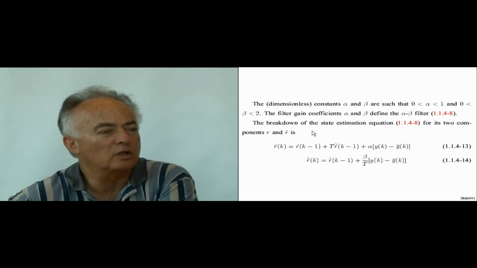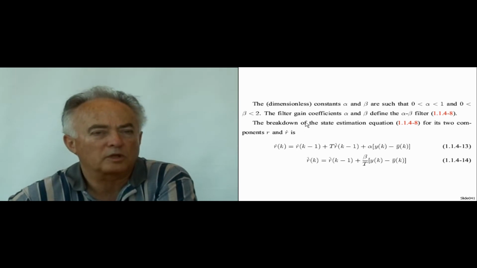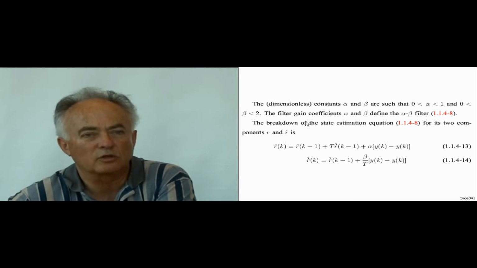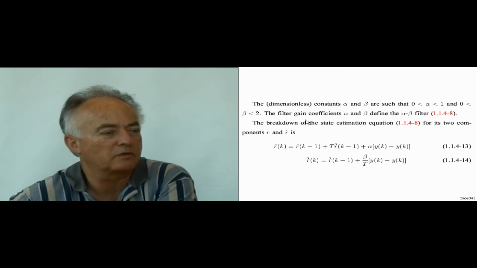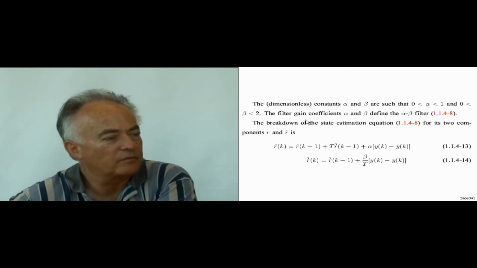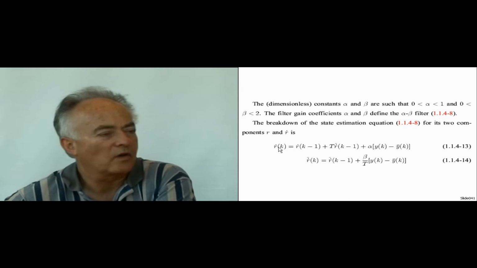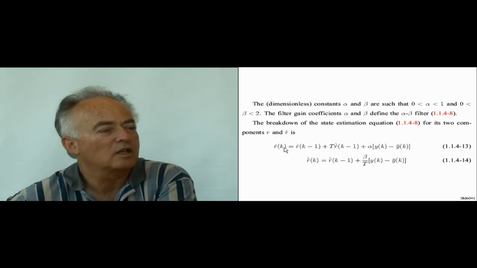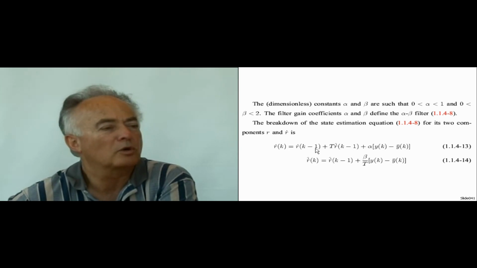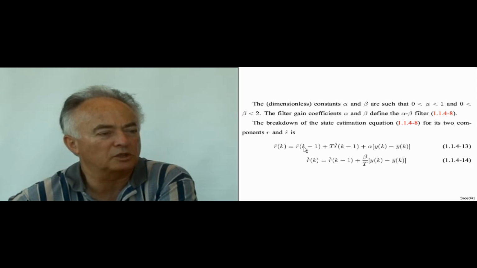Now, let's look in detail at what happens with the components of the state vector in the process of estimation. Here is the updated range at time k. This is the previous range plus T times the previous range rate. That's, these first two terms are the predicted range, plus alpha times the residual.